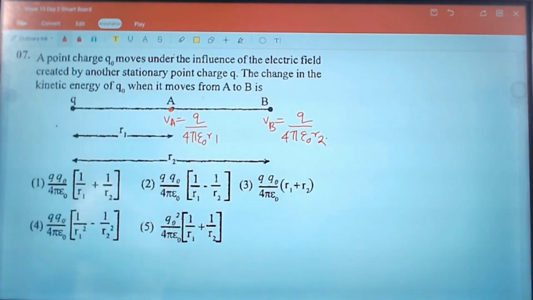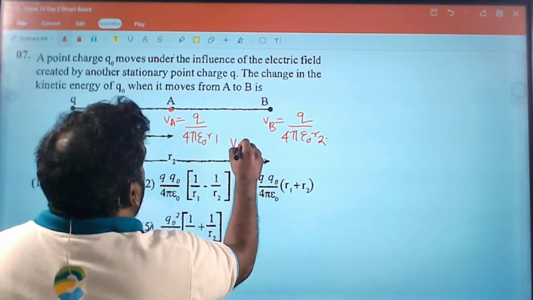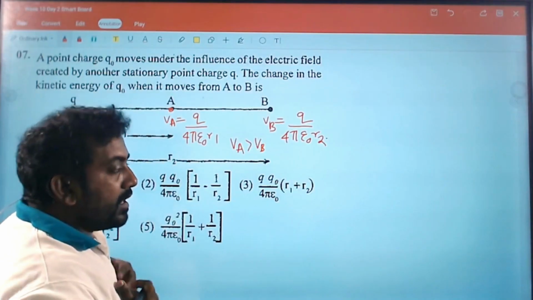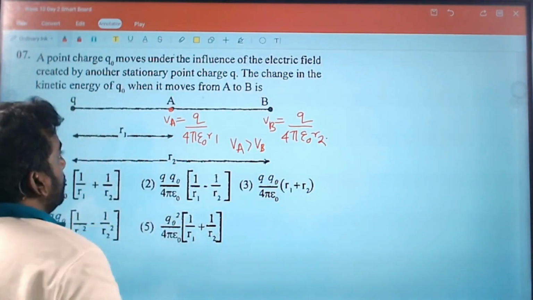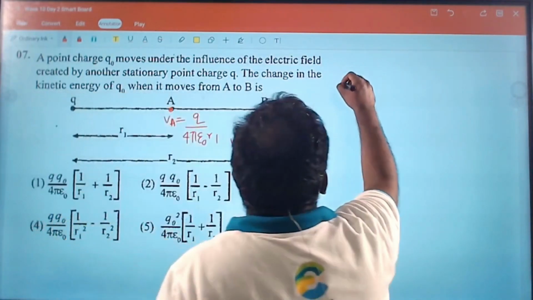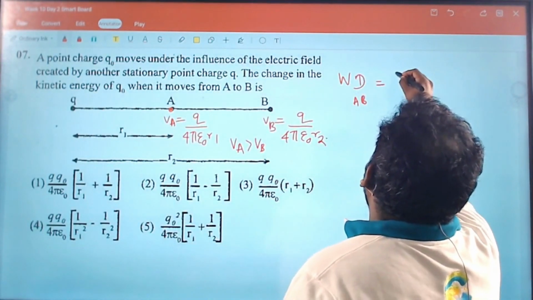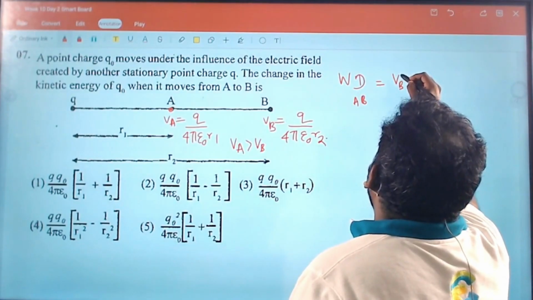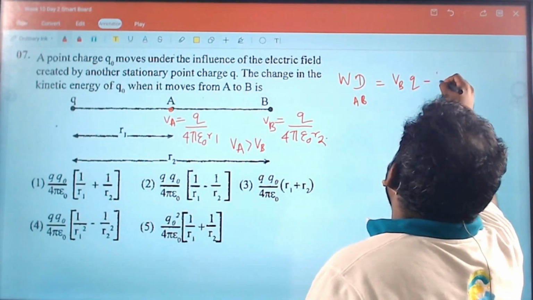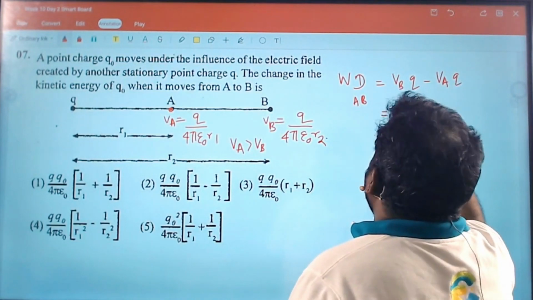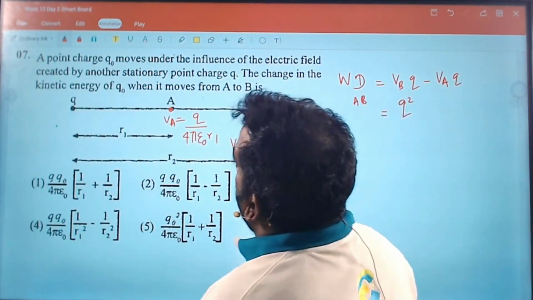So looking at this, what can you say? Potential at A is going to be greater than potential at B. We don't need to do work, field will do work. So work done to move from A to B is potential at B multiplied by the charge minus potential at A multiplied by the charge.